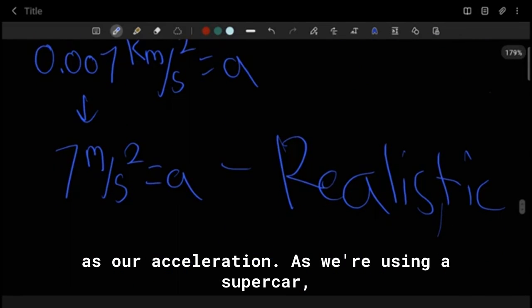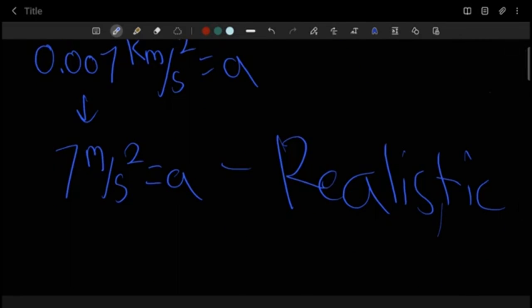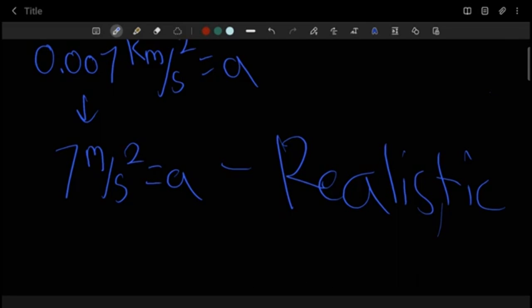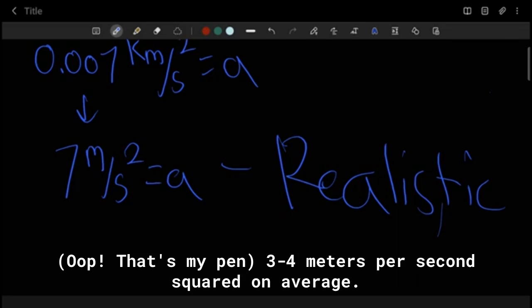as our acceleration. As we're using a supercar, it's realistic. Why? Because according to a source, a car accelerates at 3 to 4 meters per second squared on average.